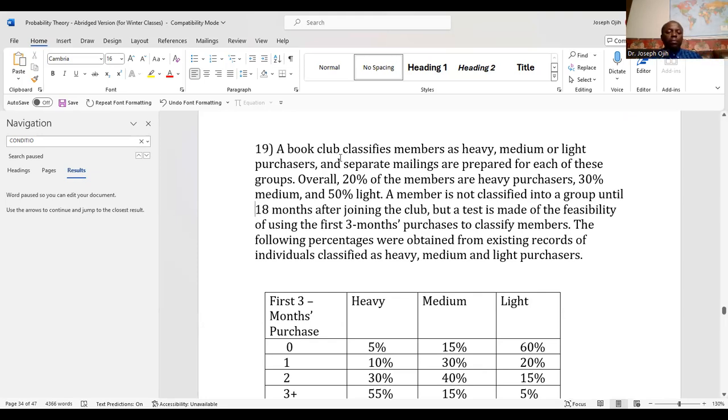A book club classifies members as heavy, medium, or light purchasers, and separate mailings are prepared for each of these groups. Overall, 20% of the members are heavy purchasers, 30% medium, and 50% light. A member is not classified into a group until 18 months after joining the club, but a test is made for the feasibility of using the first 3 months' purchases to classify members. The following percentages were obtained from existing records of individuals classified as heavy, medium, and light purchasers.